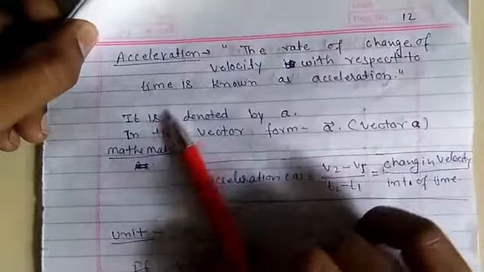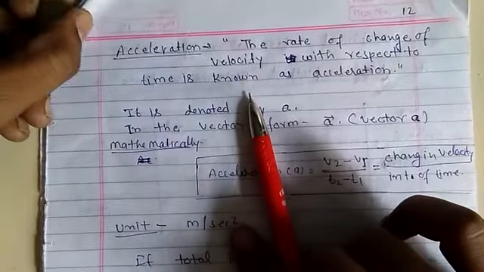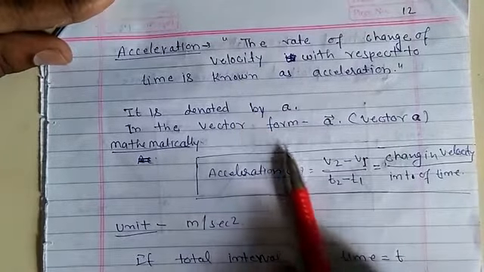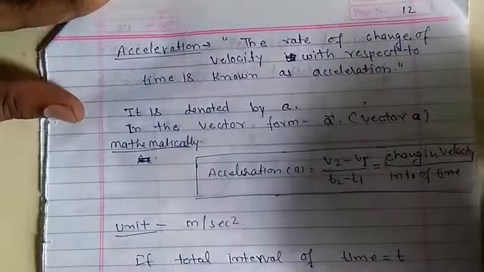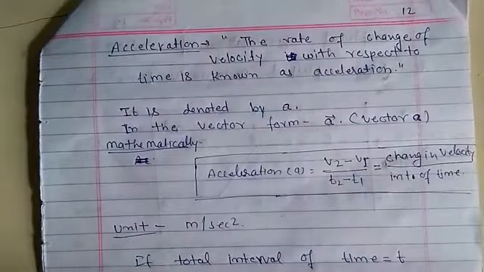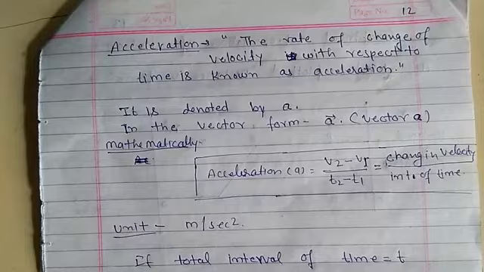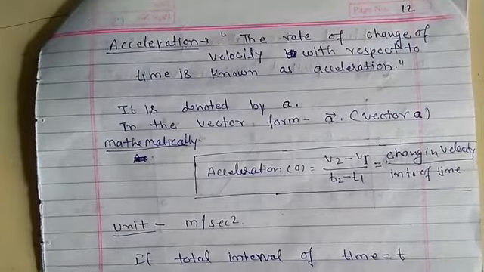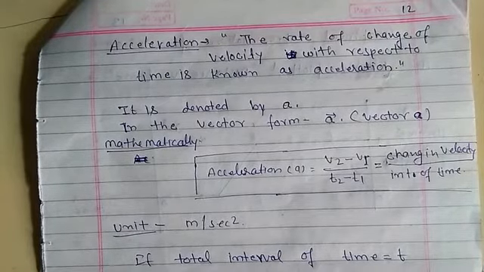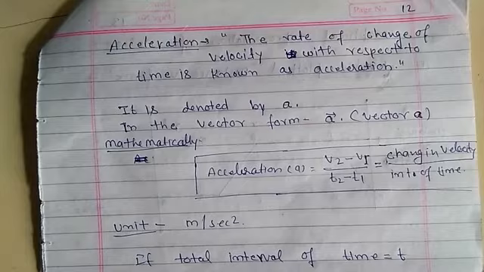And the next term is acceleration. As you see, the rate of change of displacement is known as velocity. The rate of change of distance is known as speed. Similarly, when any object is moving, the velocity of the object may change.